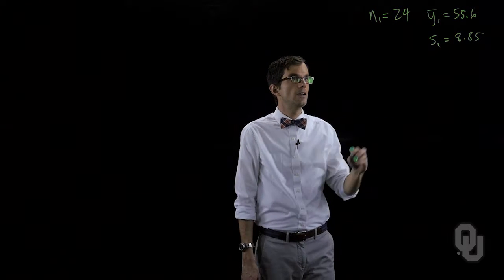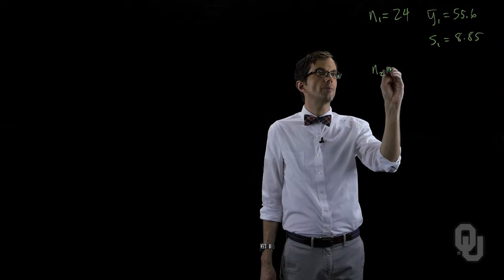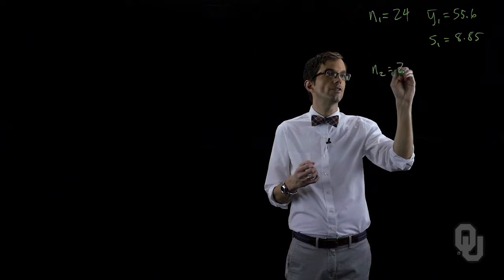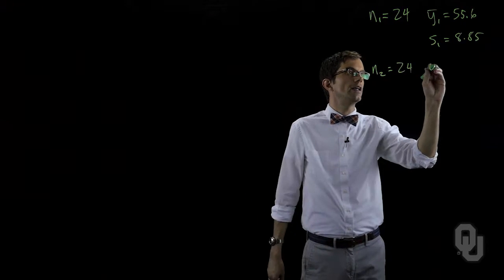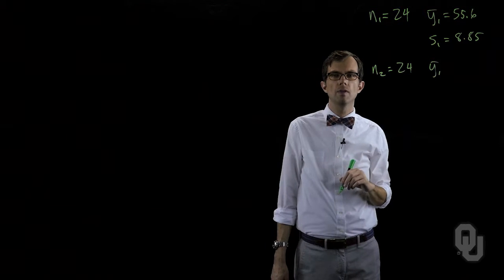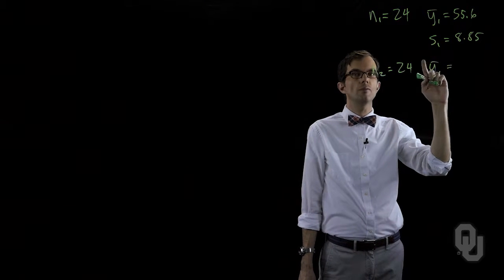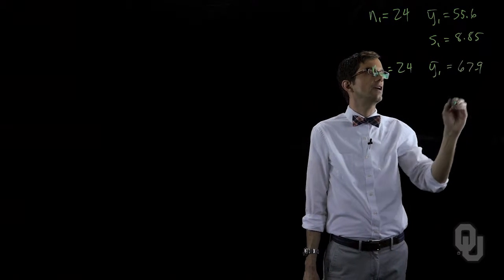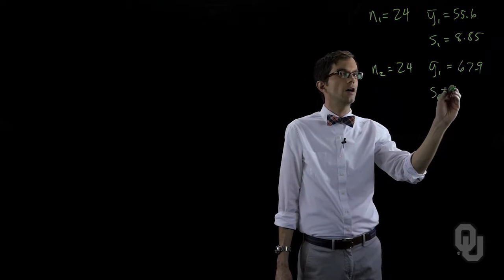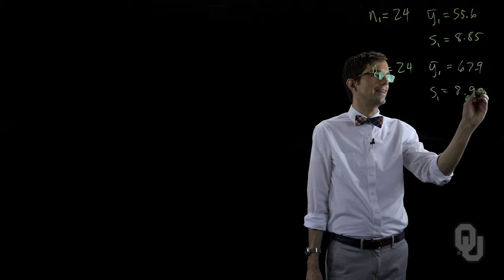For Machine B, that is population 2, we collected a sample also of size 24. It had a mean time between repairs of 67.9 days, and a standard deviation of 8.99 days.